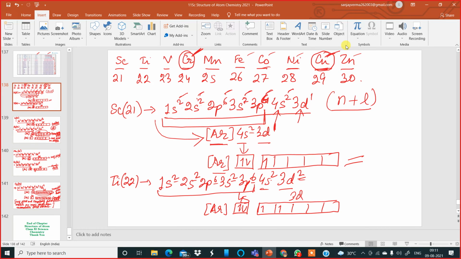The rest is easy. This is a d1 system, d2 system, d3 system, d5 system, d5, d6, d7, d8, d10, and here also it is d10. That is how you remember. Scandium, d orbital 1 electron.